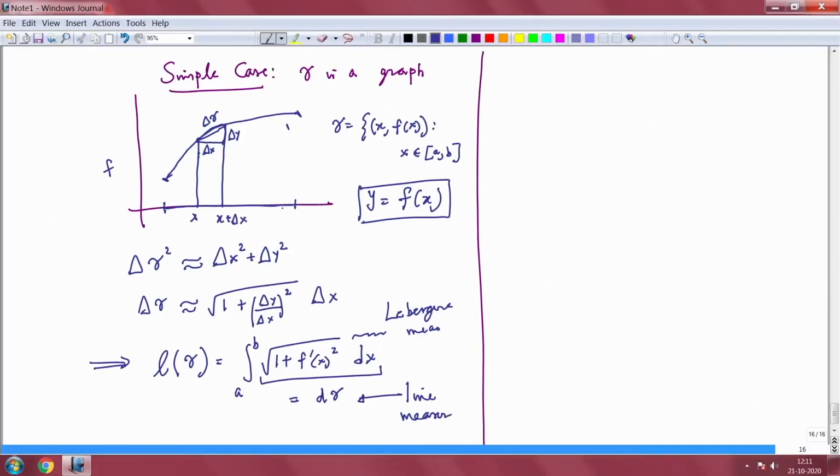So, this is what we call a line measure. This is one way of representing a curve. There is also a parametric representation. Let me write that also. I will recall this later.